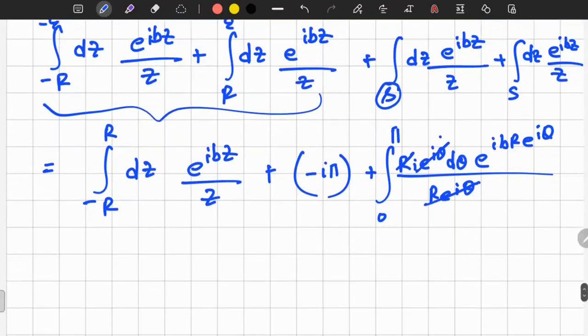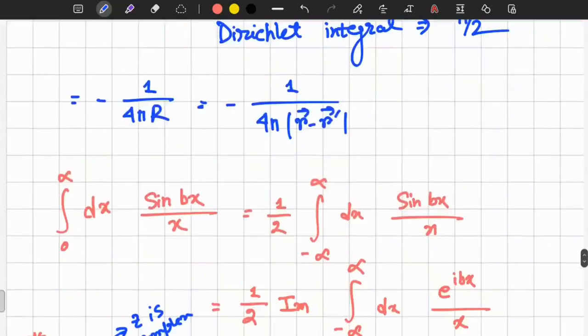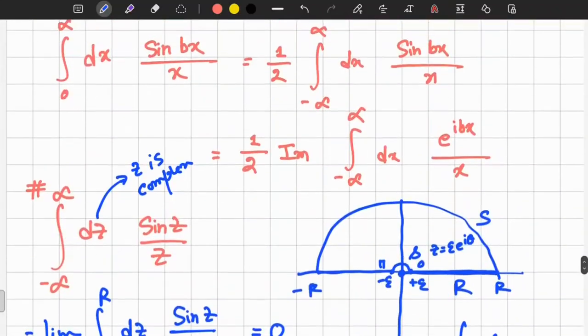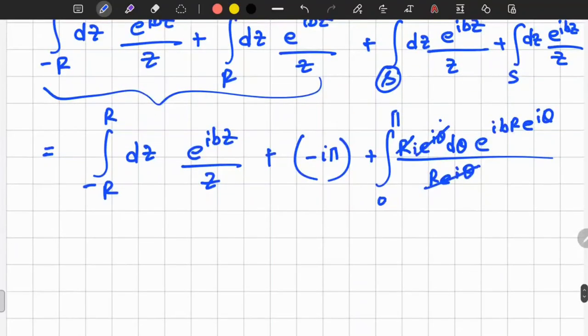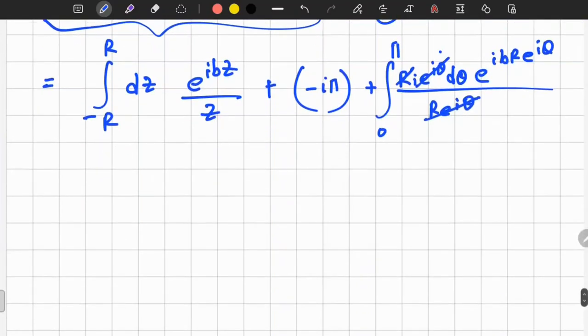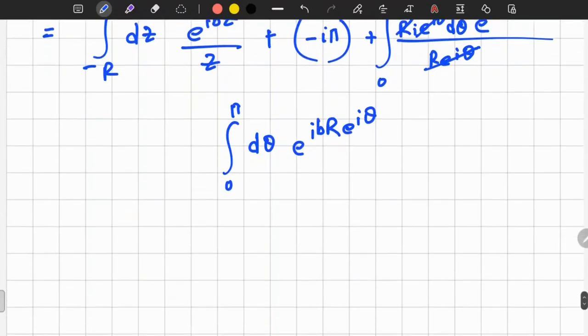But we have to keep in mind that at the end, we have to take the imaginary part only. So here, we take the imaginary part only. Let me write it here, then it will be clear. The integral is 0 to pi d theta e to the power I b r e to the power I theta. So b can be complex, because it can be complex also.